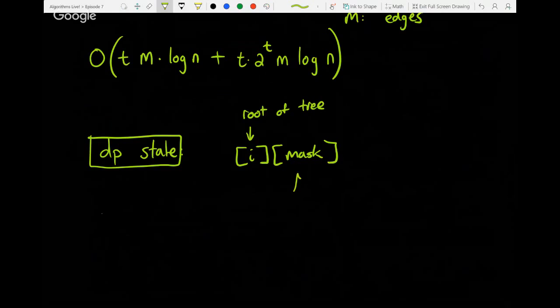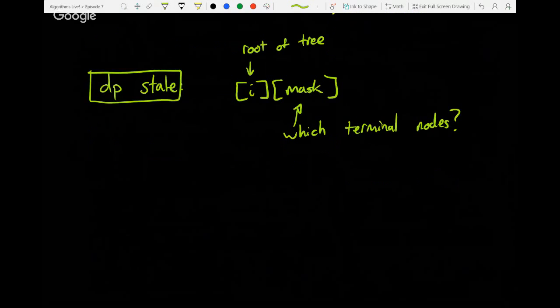My mask is going to be which terminal nodes I've hooked up. So the size of my state is 2 to the n, whatever you're going to do. Okay. So I need to end up hooking these pairs of things up.